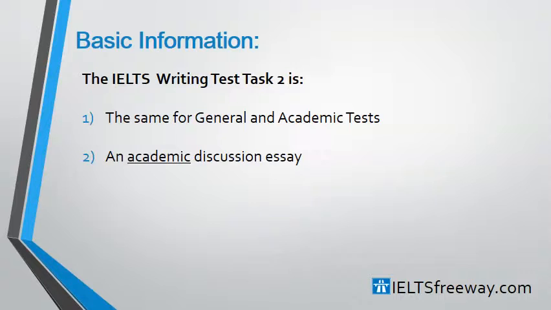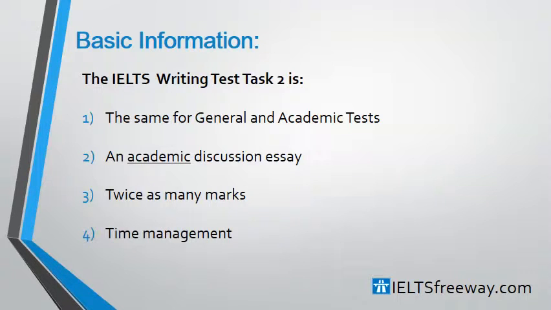There are twice as many marks for task 2 as there are for task 1. So if you want to improve your band score for your writing, it's particularly important to focus on improving your essay. Time management is very important for the writing test because you are given 1 hour to do both parts.